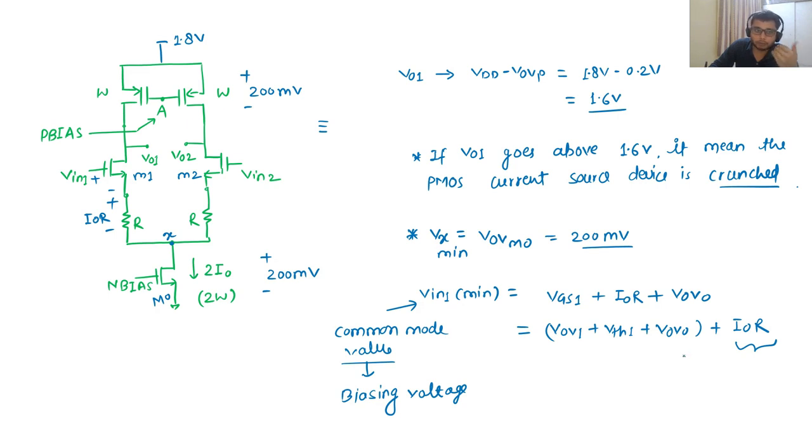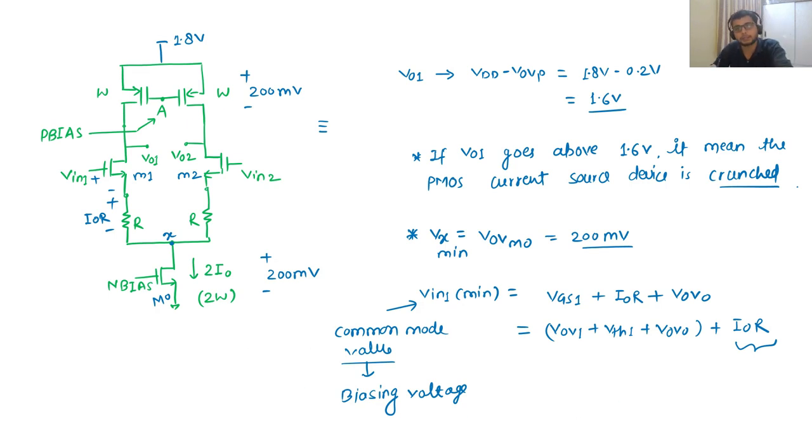The lower range of common mode is limited, and this creates a problem when some other circuit is driving this circuit, because that circuit will see a lower common mode swing, meaning the output of that circuit, which it previously was used to.